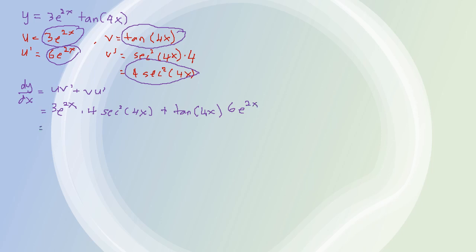So we get our answer 12e to the 2x multiplied by secant squared 4x plus 6e to the 2x multiplied by tangent 4x.